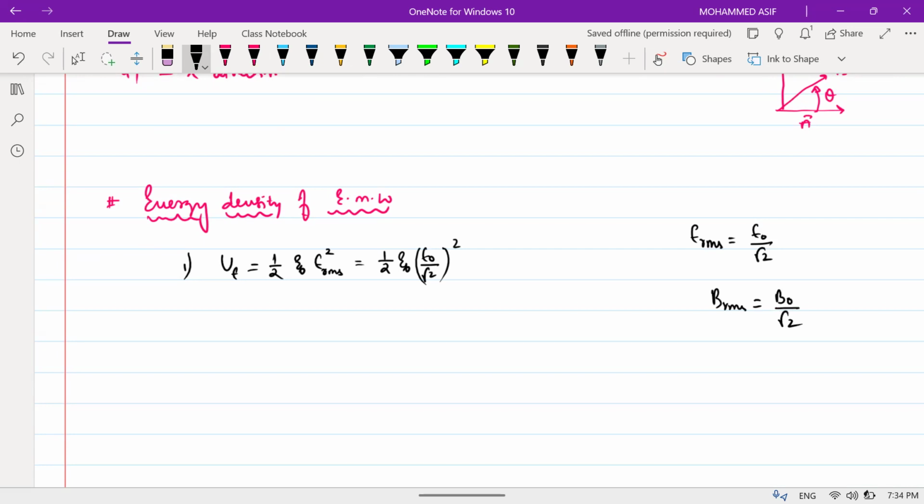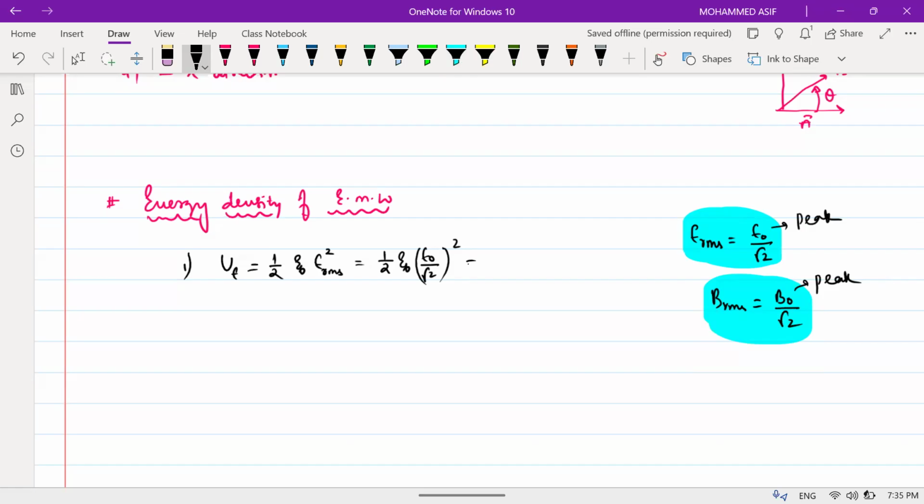ERMS means root mean square value of the electric field. B naught is nothing but the peak magnetic field. E naught is known as the peak electric field. Am I clear? These formulas you need to know by heart, beta. ERMS is E naught by root 2 and BRMS is equal to B naught by root 2. What is B naught? Peak value of magnetic field. What is E naught? Peak value of electric field. Am I clear?